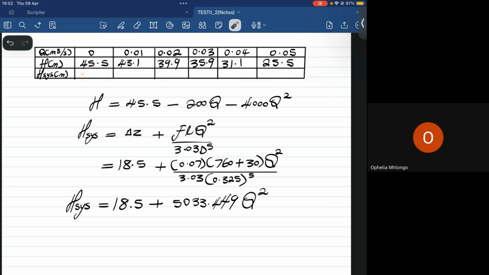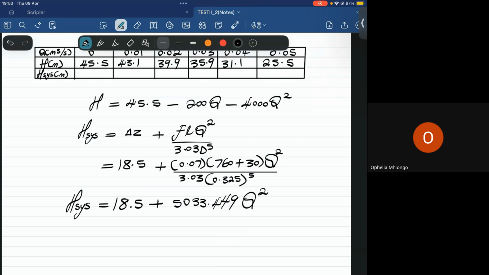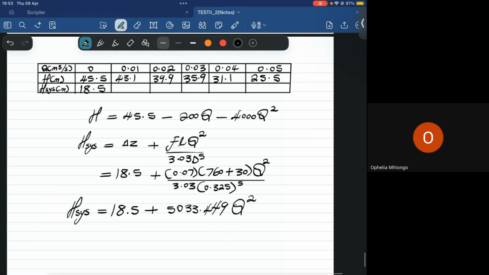In order for us to find the system curve readings, we will be using the volumetric flow rate readings, and when we see the volumetric flow rate, we're going to substitute with them. So the first reading for the system curve will be equal to 18.5 because Q here is equal to 0 cubic meters per second. So the first reading for the H system will be equal to 18.5 meters.